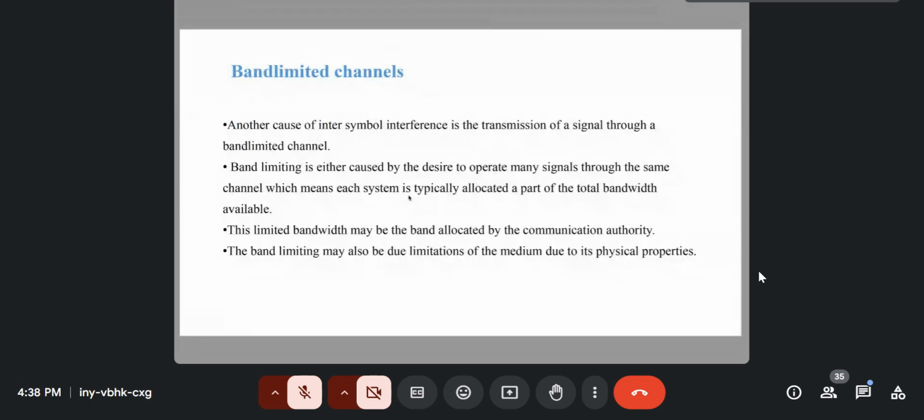Some systems will have a frequency response that spans from F1 to F2, and your analysis goes from negative infinity to infinity. So that will also affect that. That's what we are saying is the limitation of the medium which we are using.